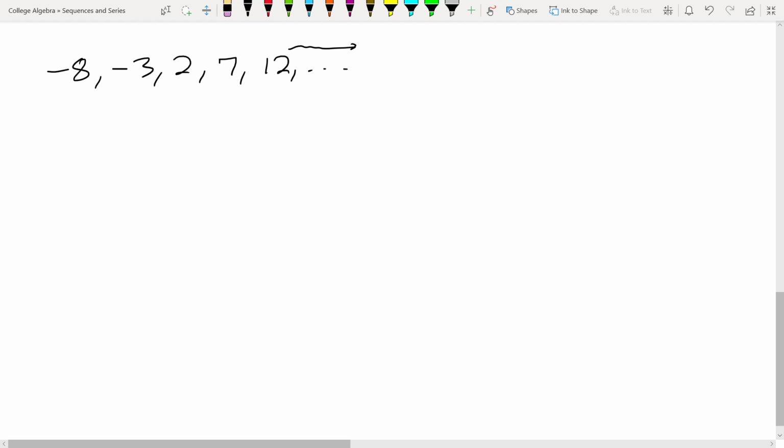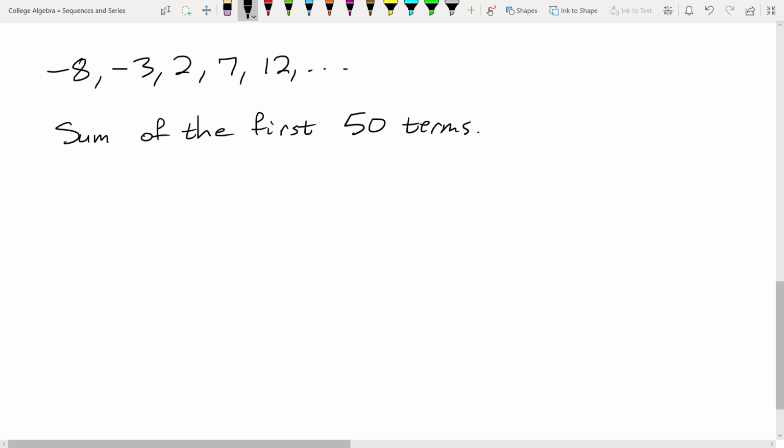So let's take this thing and look at what is the sum of the first 50 terms. What we can do is find all 50 terms by following the same pattern, right?